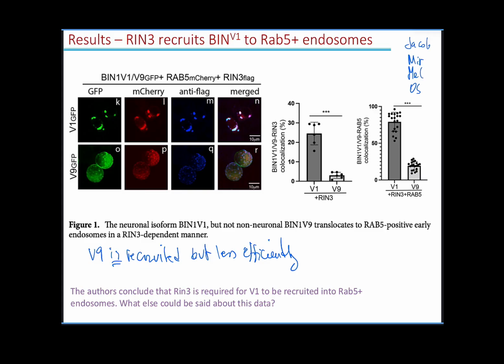It's just like the mechanism of it. I like where you're going. So what you're saying is there's something about Rab5, and then you said that it's not entirely dependent on V1. Is that what you said? Yeah. Yeah? And where do you see that?